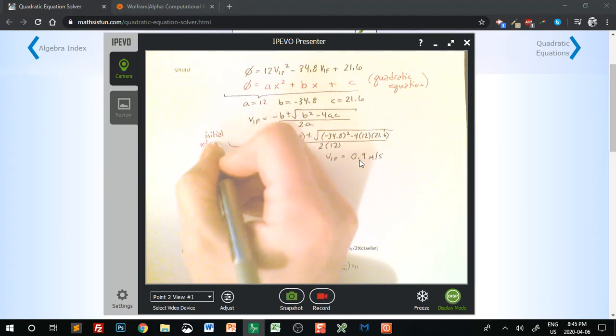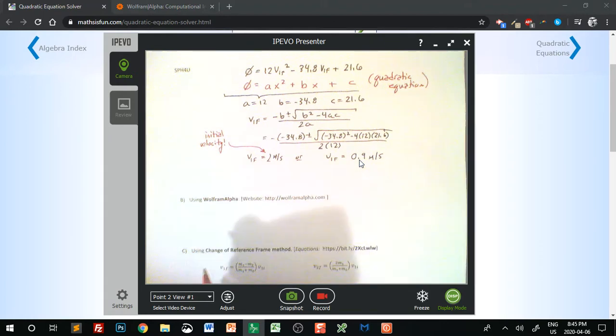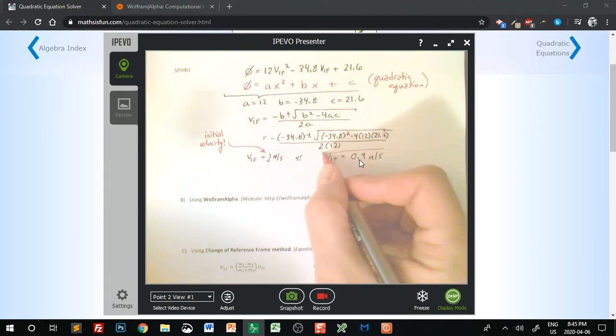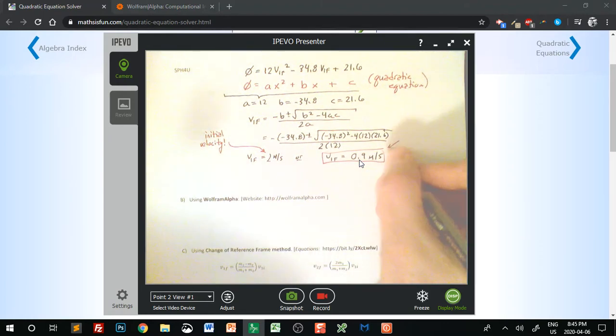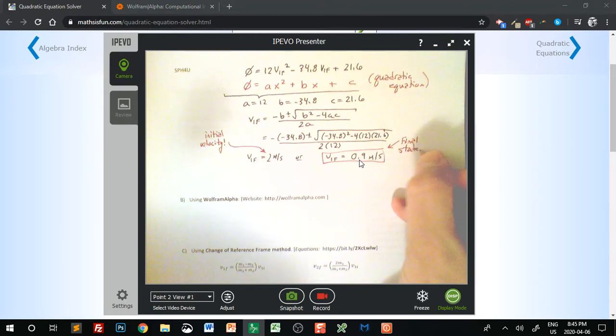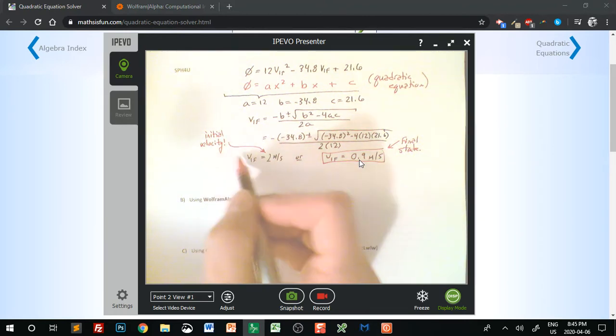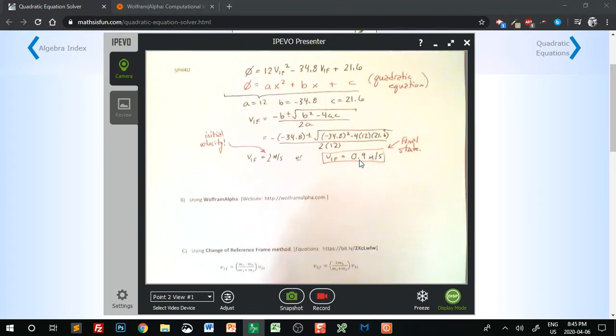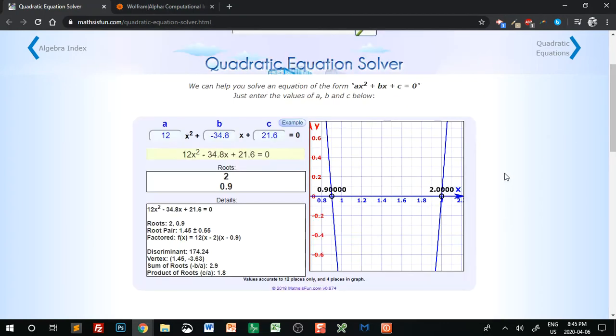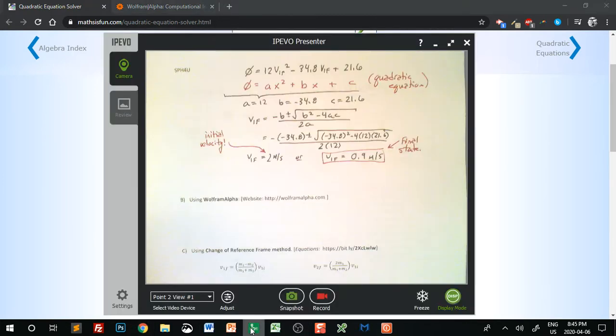That was the initial velocity of the object. That's not the answer. This one is the final state. This is the final state. That was the initial state. So that's what that solution right there tells you. Okay? Pretty cool that it does that.